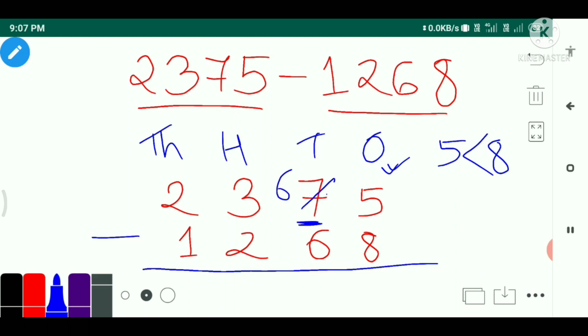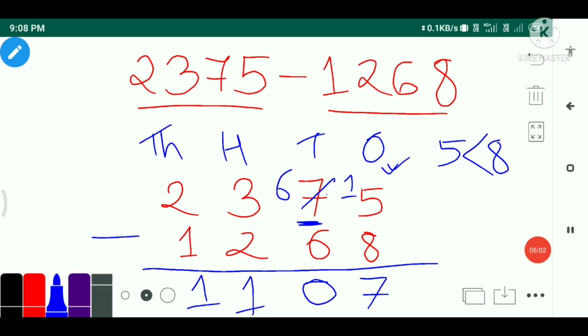Okay, and the borrowed number will add with 5, so it will become 15. Now 15 minus 8 is 7. 6 minus 6 is 0. 3 minus 2 is 1. 2 minus 1 is 1. So our number is 1107.